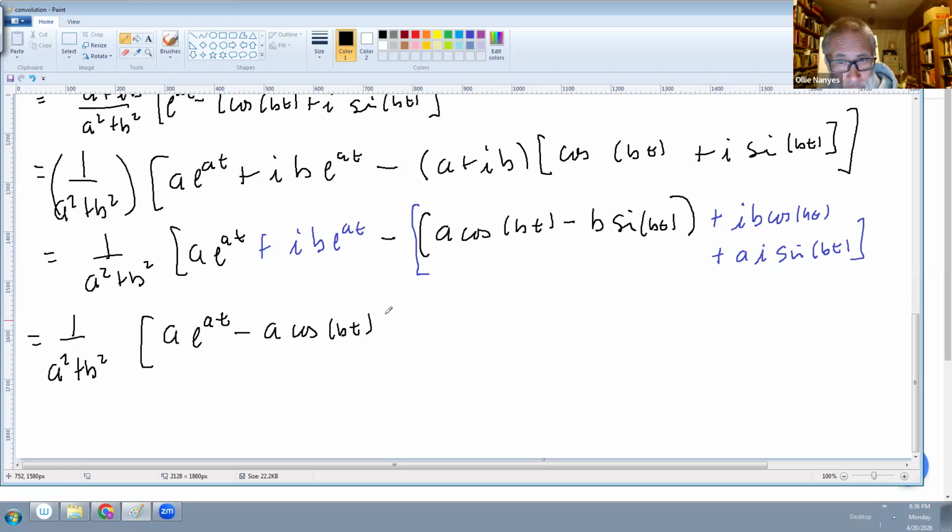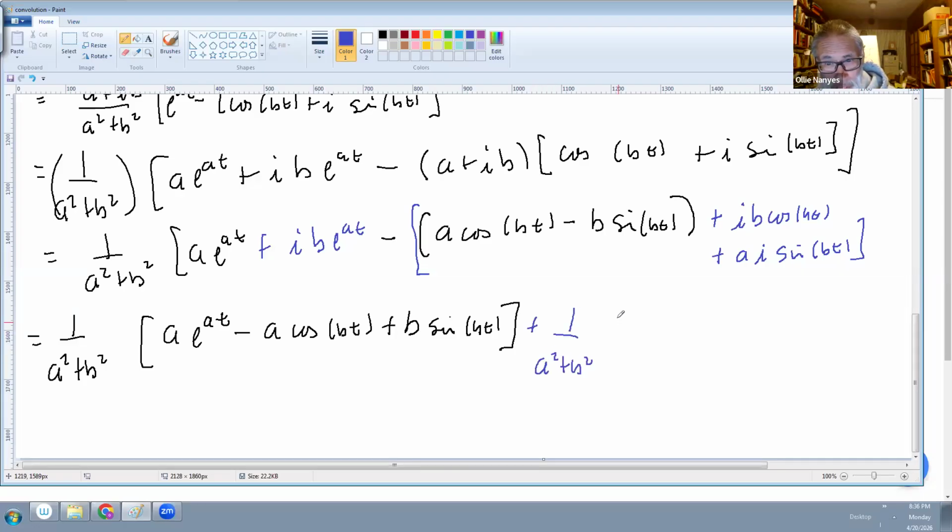All right, so that's going to be plus b sine bt. Okay, this part right here is going to be the cosine part. And let's just bring this along.